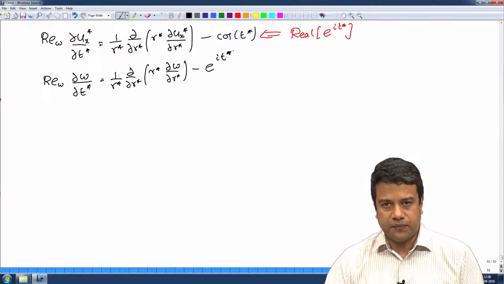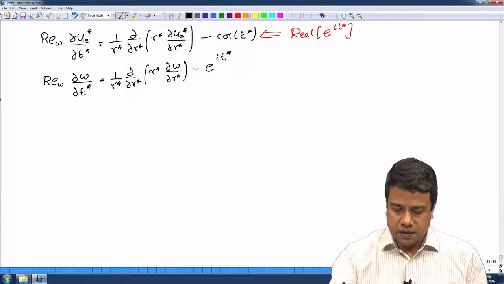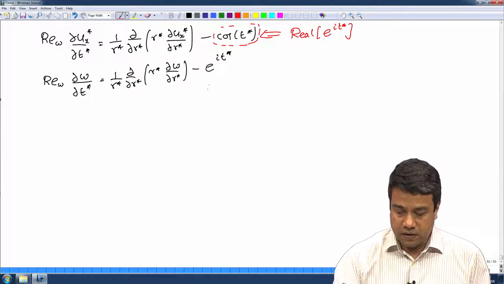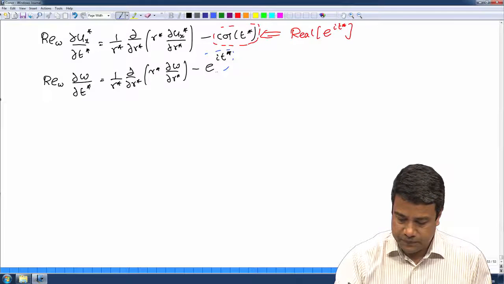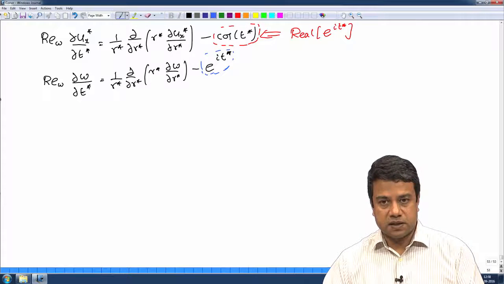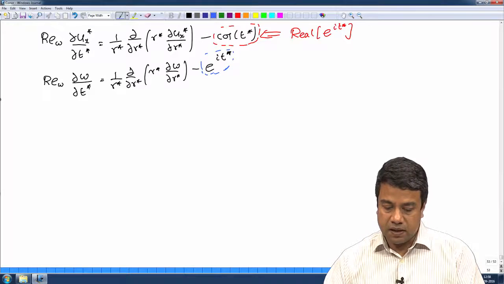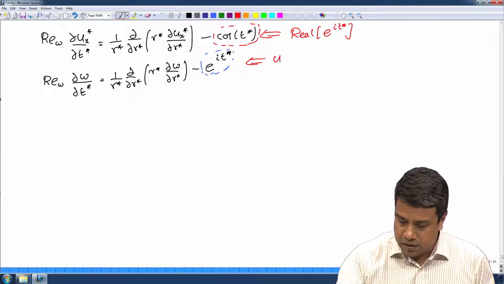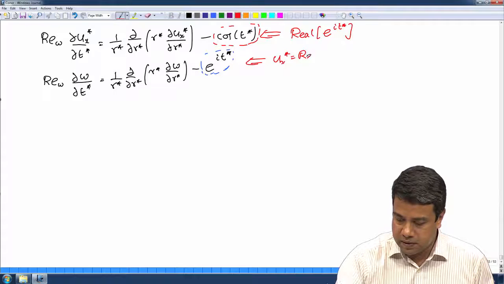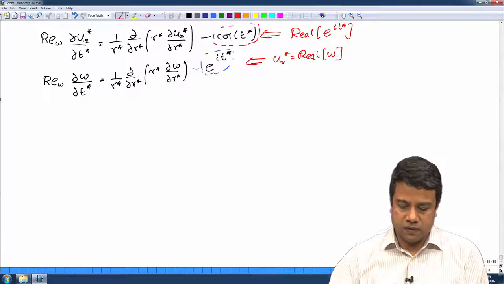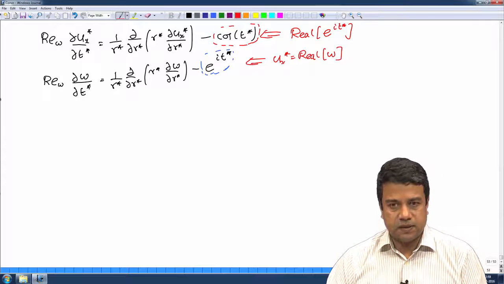Since the inhomogeneous term in the momentum equation is the real part of the inhomogeneous term of this modified equation, and the equation is linear, what that means is that the solution u x star will be the real part of the solution for this modified equation w.